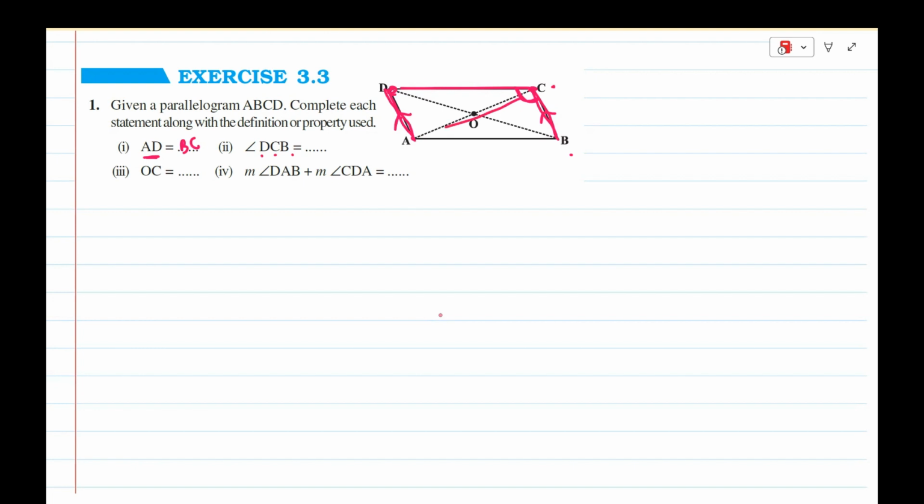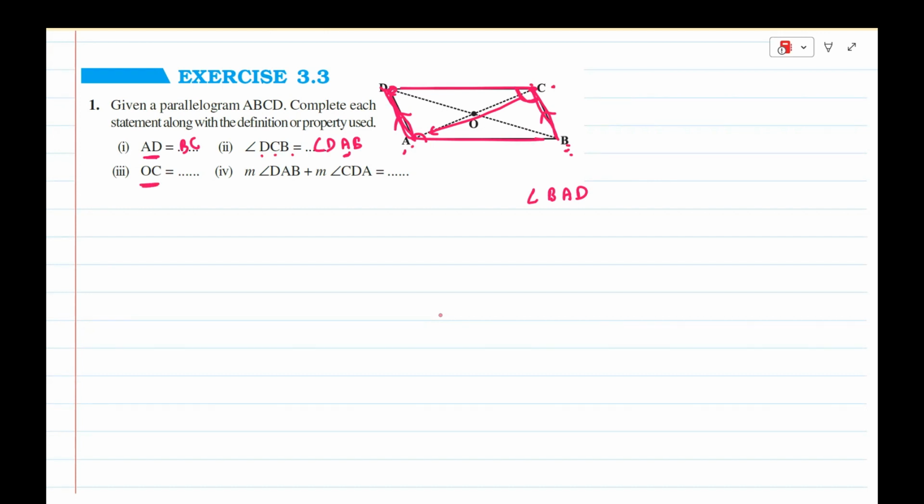So angle C has opposite angle A, which is this. Correct? So if here it is DCB, I can write DAB. So it is angle DAB. Even you can write BAD. The A has to come in between. You can write BAD is also correct.